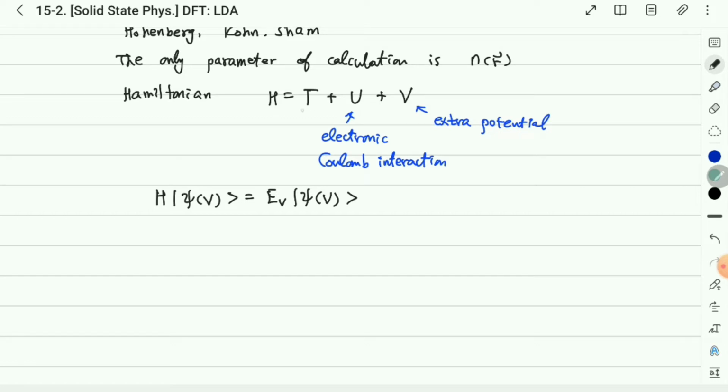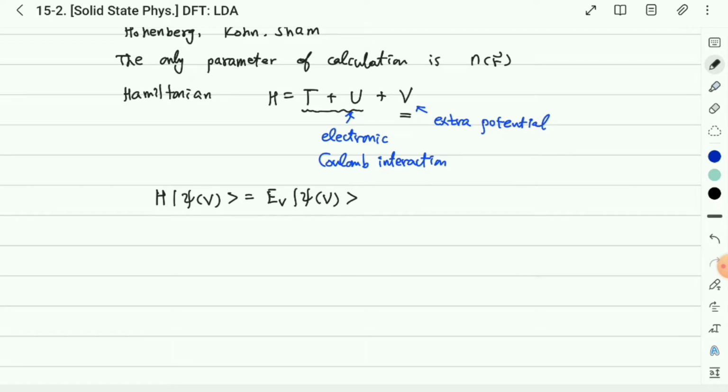The kinetic energy plus Coulomb interaction problem is widely known and studied in quantum mechanics, but we do not know the extra potential, so the eigenvalue problem for the extra potential is critical.